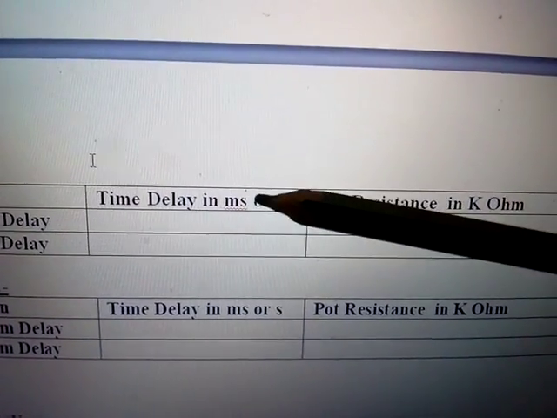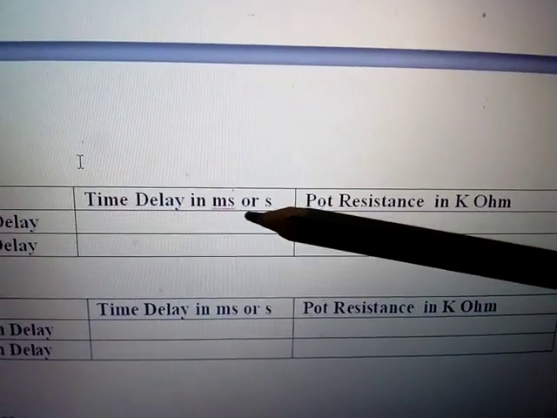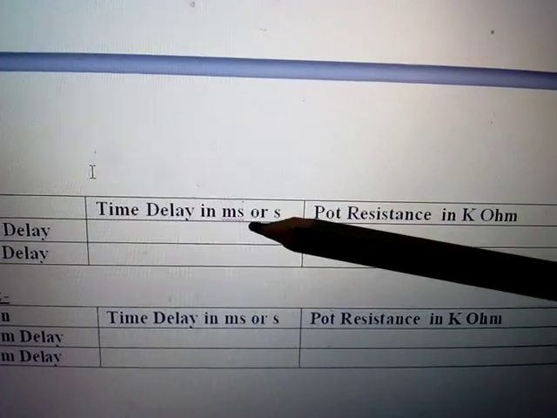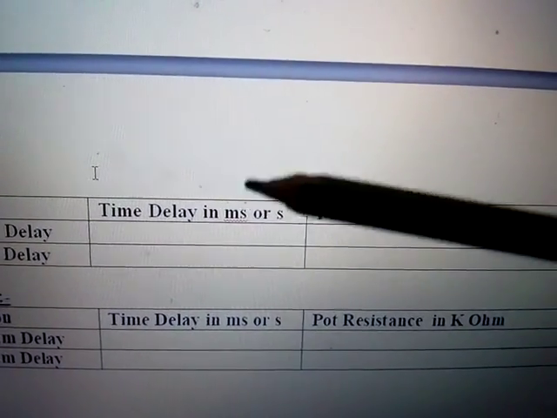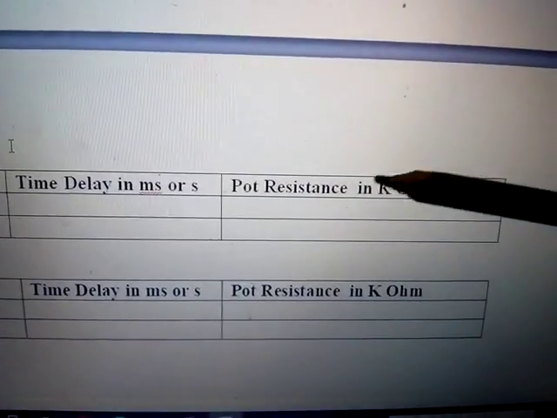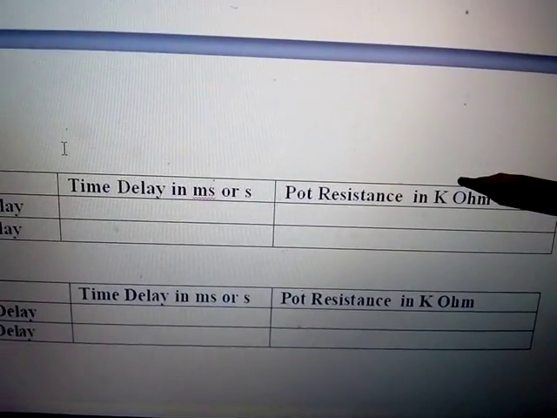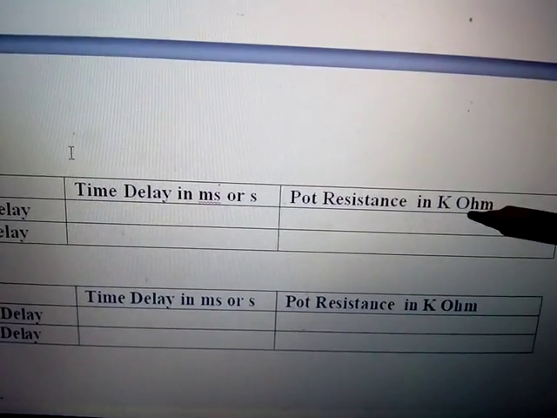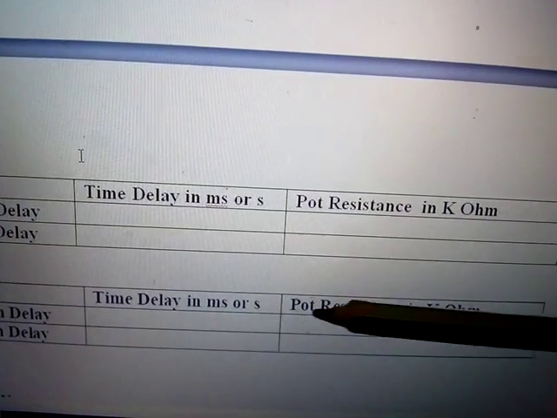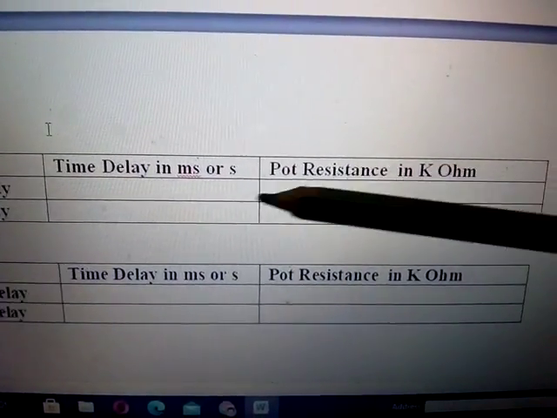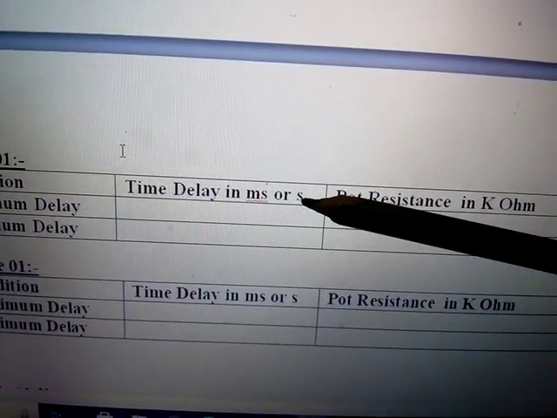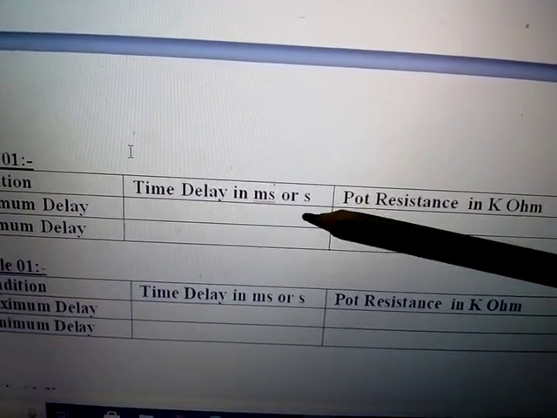If you have an electrolytic capacitor you will get seconds, slow rising and comparatively slower discharging. And here the pot resistance you may get in kilo ohms and ohms or both as kilo ohms. So better write here as millisecond or microsecond when you write in examination, correct in your record also.